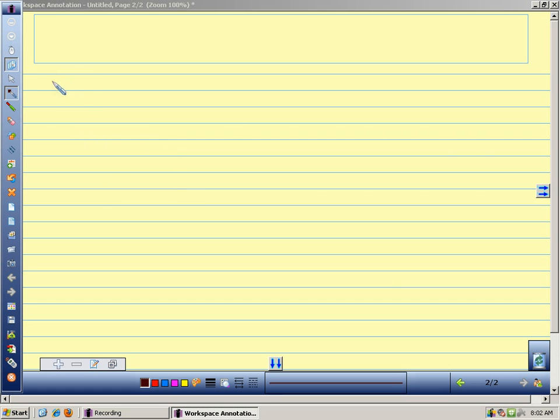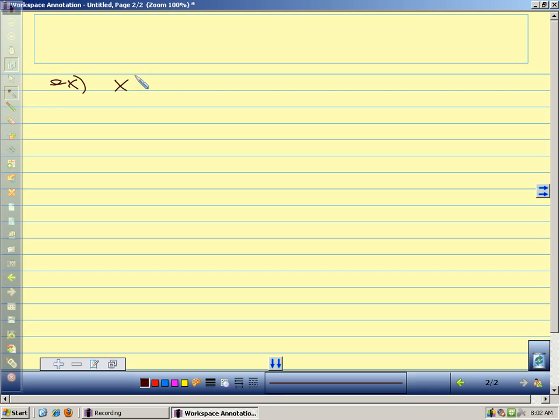So we have two surfaces, given by the equations x squared plus y squared equals z, and z equals 4 minus y.